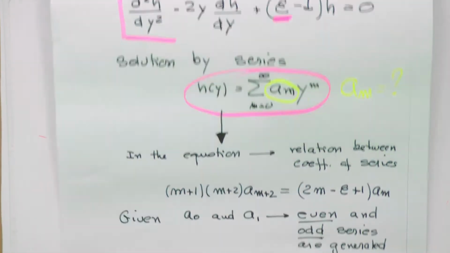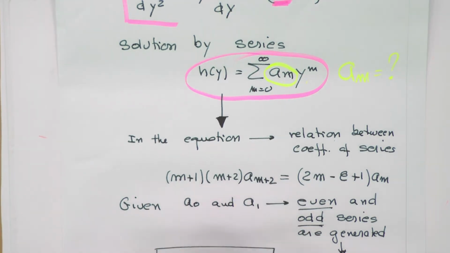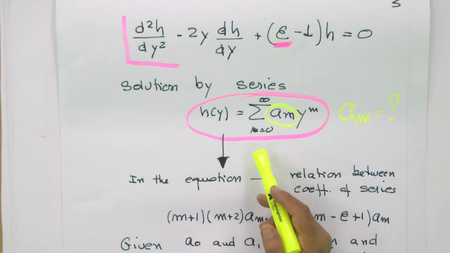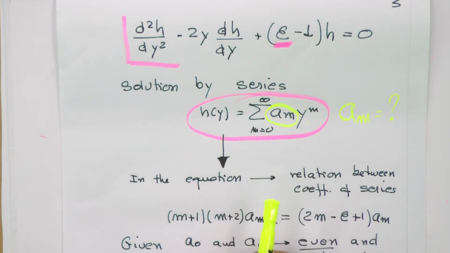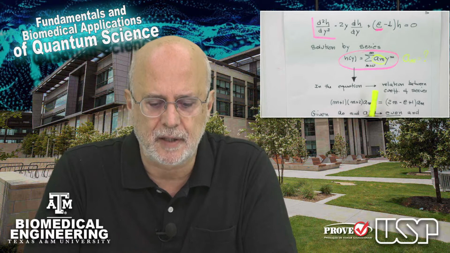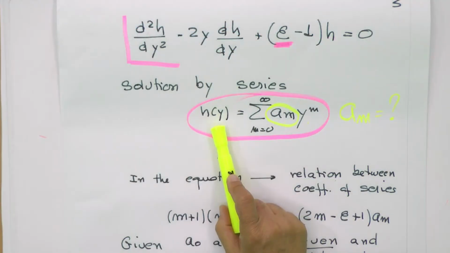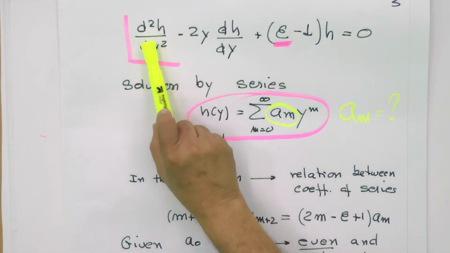This is the way that we solve differential equations using polynomials, using series. This has a name, it's called a Frobenius series type of solution. Now we're going to take this function and put it in there.